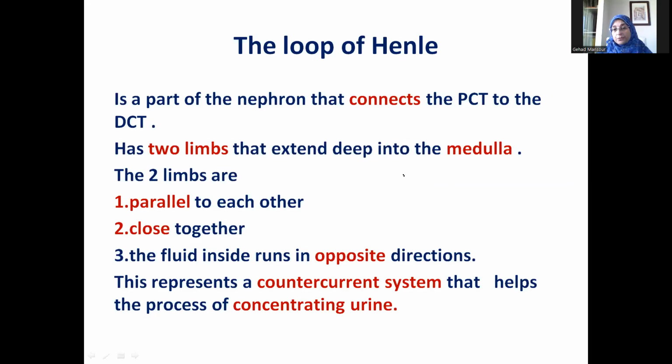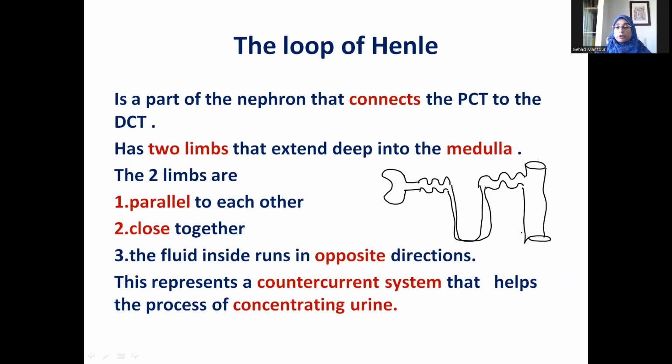So we have the Bowman's capsule, which is the first part of the nephron, and then we have the PCT, or the proximal convoluted tubule, and then we have the loop of Henle, and then the distal convoluted tubule, and then the collecting duct, which is not a part of the nephron.